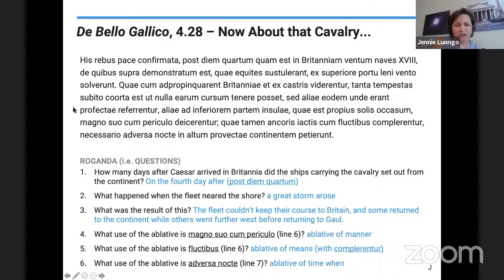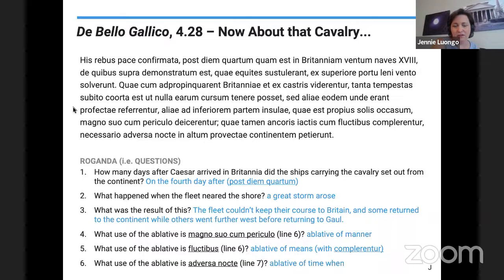All right. So we learn that after Caesar arrived in Britain, it was postero quarto die, on the 4th day, that the ships set out from the continent. Number 2, what happened when the fleet neared the shore? Suddenly, tanta tempestas subito coorta est.